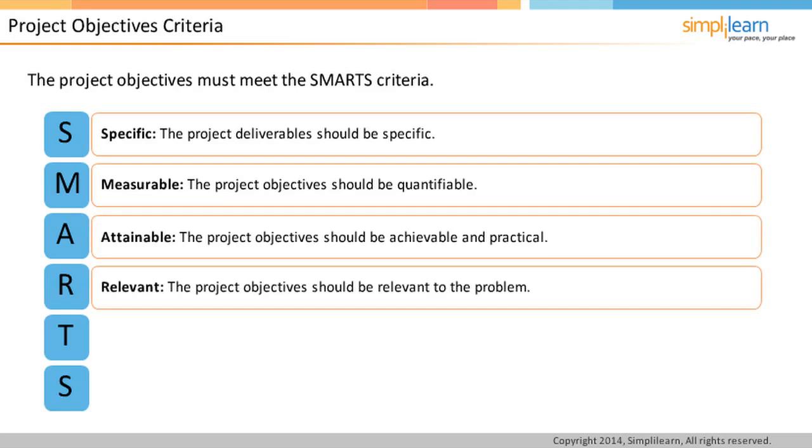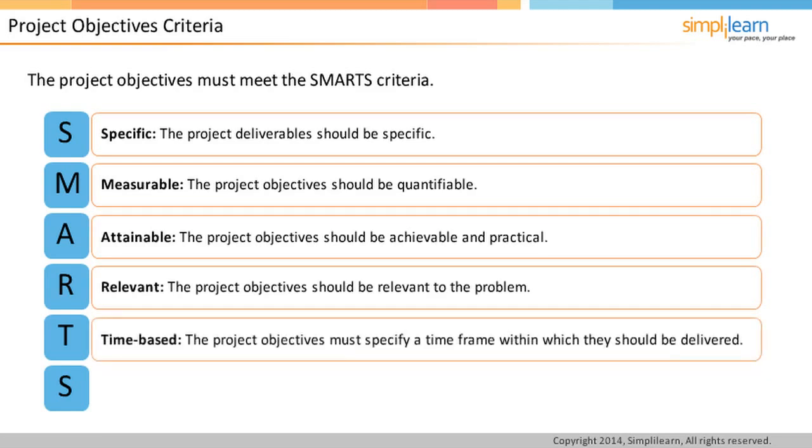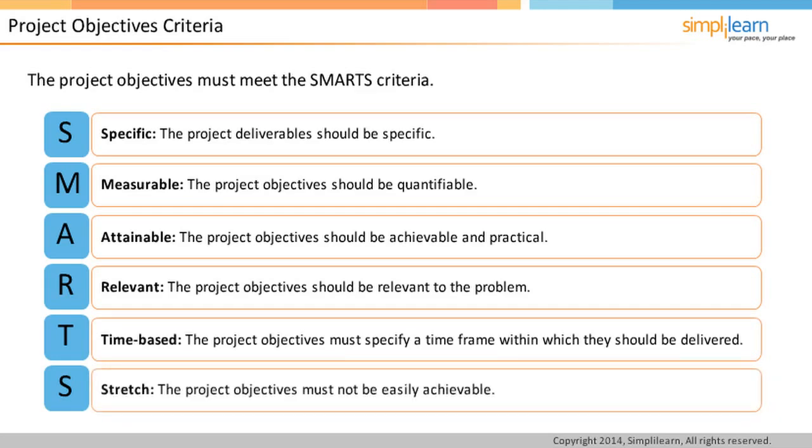The project objectives must specify a time frame within which they should be delivered. The project objectives must not be easily achievable. Example: most problems and errors can be reduced by creating awareness. Hence, the objective must stretch beyond the easily attainable state. In the next screen, we will understand project documentation.